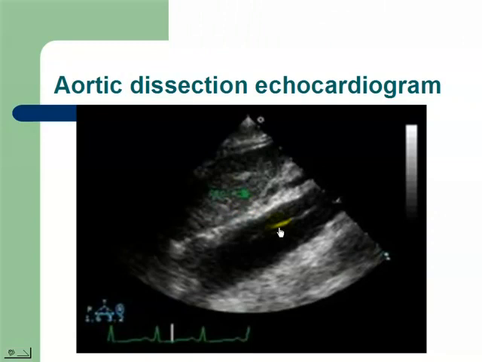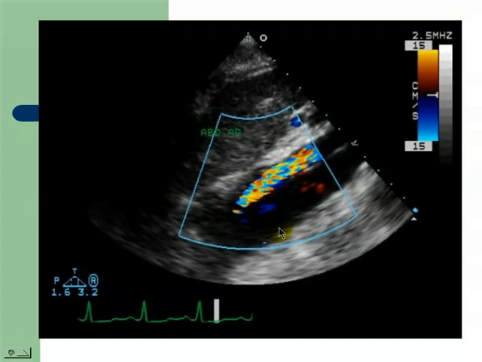So you have a true lumen and a false lumen in the aortic dissection. And that's the intimal flap that separates the two. And this again is showing the aortic dissection with color slides showing the color flow during ventricular systole that suggests the upper lumen is probably the true one, where the lower one, where there's just a little bit of color, is probably the false one.